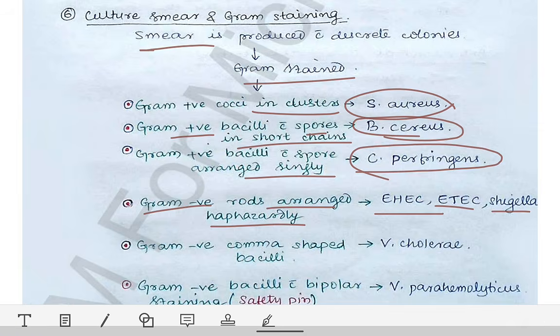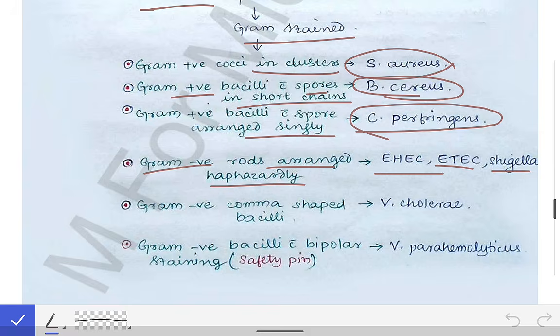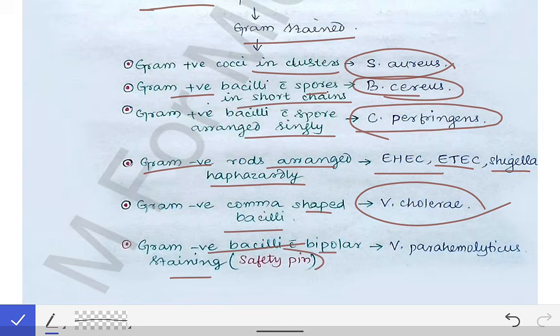If we see gram negative comma shaped bacilli, then we may think of Vibrio cholerae. If we see gram negative bacilli with bipolar staining, that means a safety pin appearance under the microscope, then we may think of Vibrio parahaemolyticus as the causative organism. So this is how we have narrowed down to different types of microorganisms based on the Gram staining.